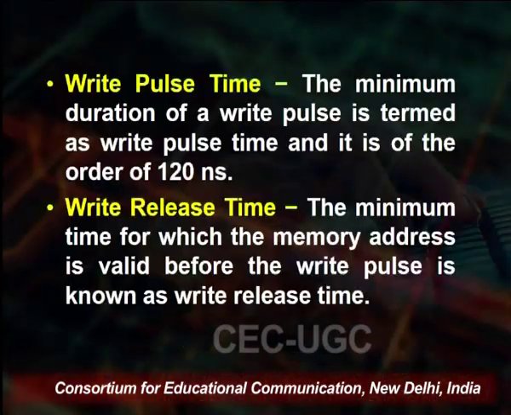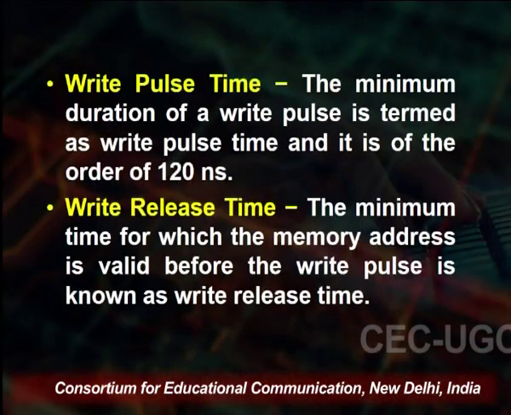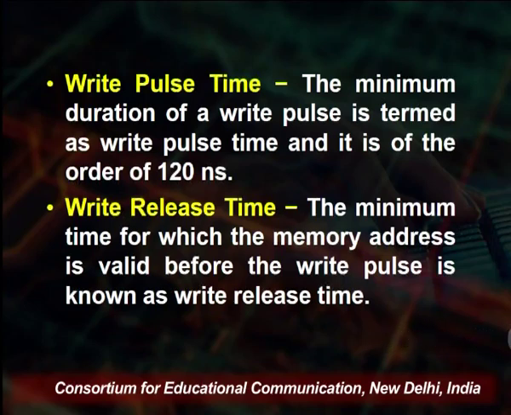Second is the write pulse time. The minimum duration of the write pulse is termed the write pulse time, and it is 120 nanoseconds. Third is the write release time, the minimum time for which the memory address is valid before the write pulse, known as the write release time.